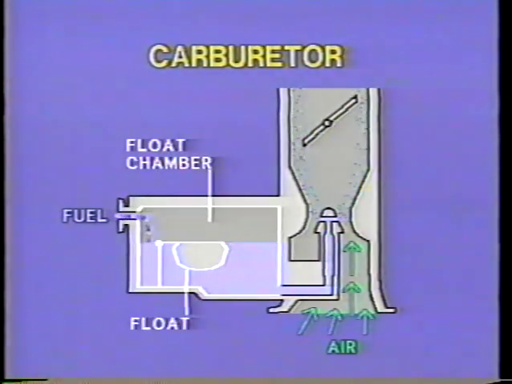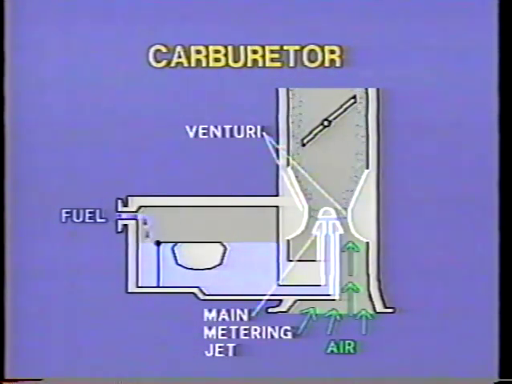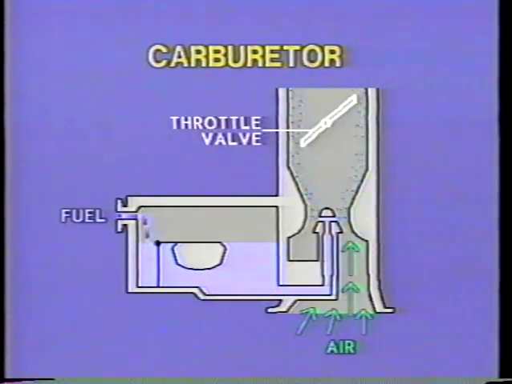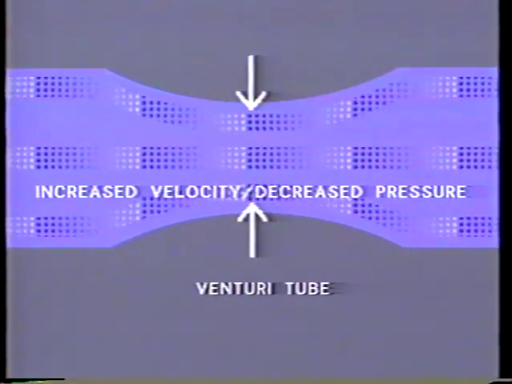The fuel comes into the float chamber, and then the fuel travels down through the mixture control, through the metering valve, and up through the discharge nozzle, and it's mixed with the air in the venturi. As the air travels through the carburetor in response to the opening of the valve, we create a low pressure in the venturi, similar to what we create over the top of the wing.